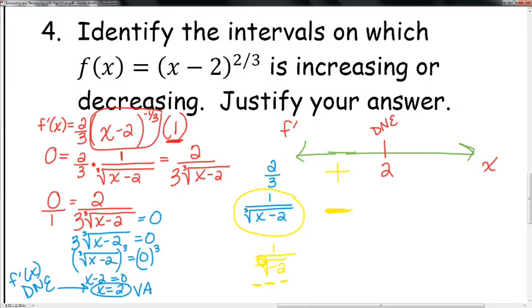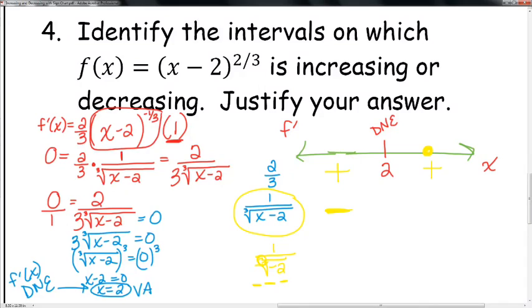And now I'm going to pick a number to the right of 2. I don't know, I'm going to pick a big number. Let's say 10. Again, I have nothing to plug in for with my 2/3. So it's still going to be always positive. And then I'm going to plug in 10 into my cube root. So I have 1 over the cube root of 10 minus 2, which is 8.